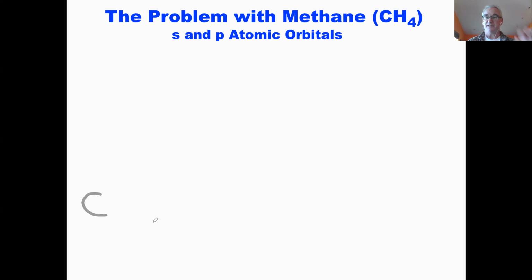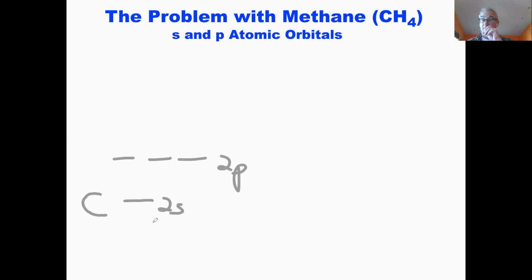It has 4 valence electrons, with a 2s orbital and three 2p orbitals, and we used the usual rules to place them. We put them in the lowest energy first, 1, 2, and then move up to the next highest energy, 1, 2. Those are the 4 valence electrons for carbon.